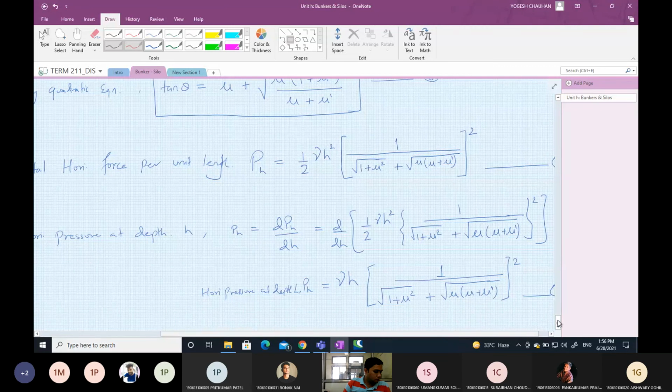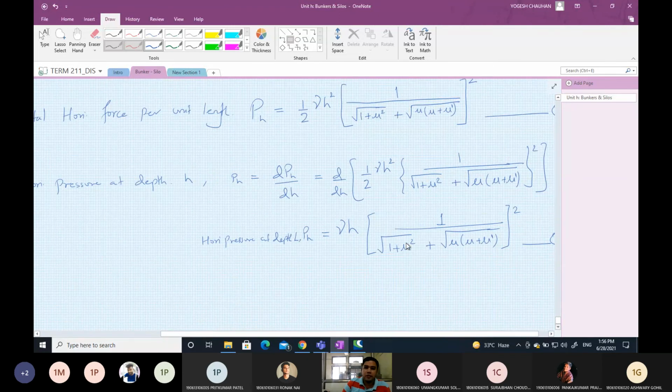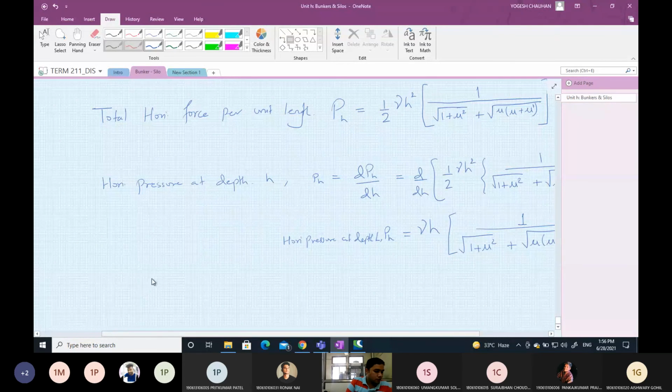So using this expression, you can find the pressure at any depth h, and the total lateral pressure will be equal to π times diameter B, into this ph.